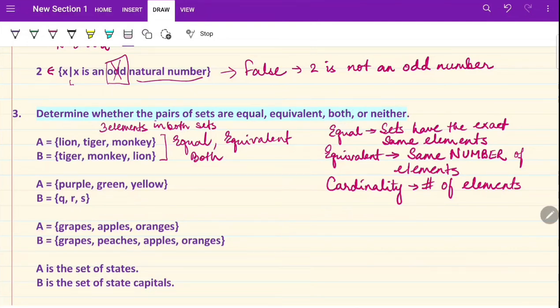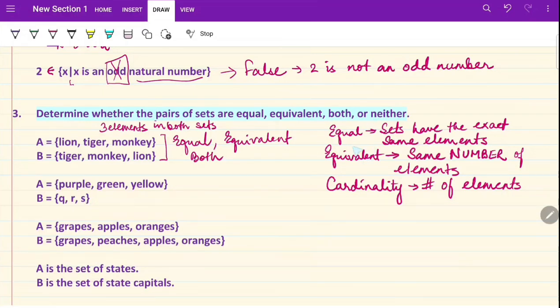All right, let's go on to the next one. The next one says set A has the elements purple, green, and yellow, and set B has Q, R, S. So the elements are completely different, right? None of the elements are the same in the sets.